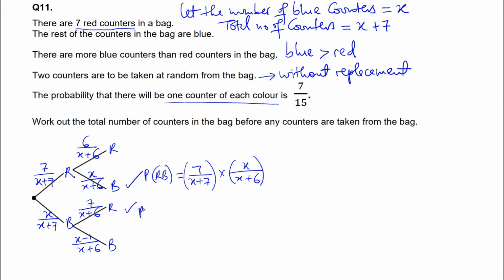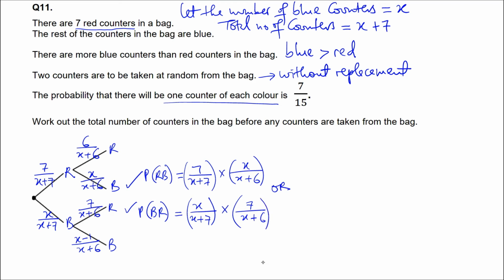And remember, here we have the word or. So this is blue followed by red, which will be x over x plus 7 multiplied by 7 over x plus 6.